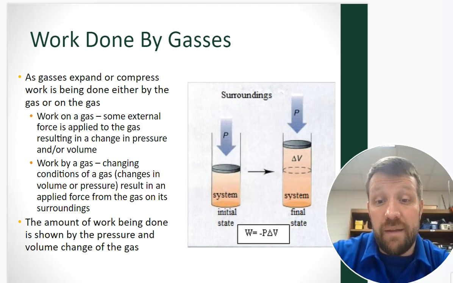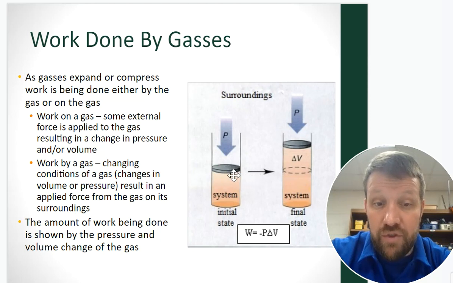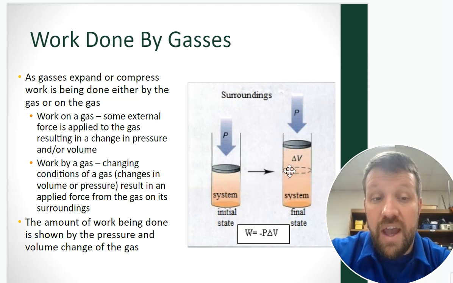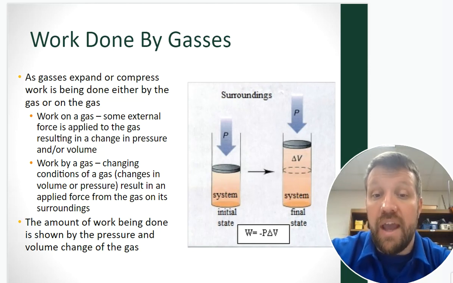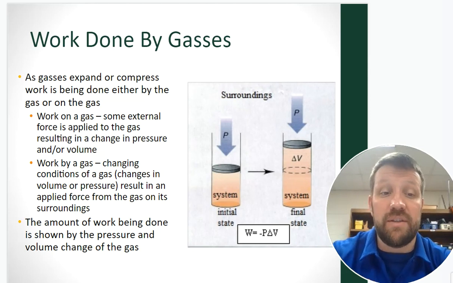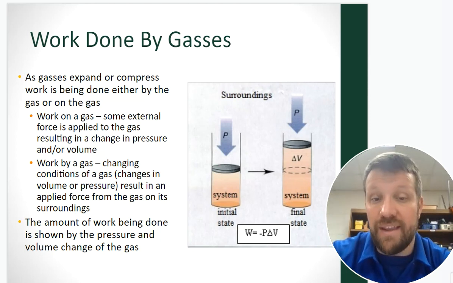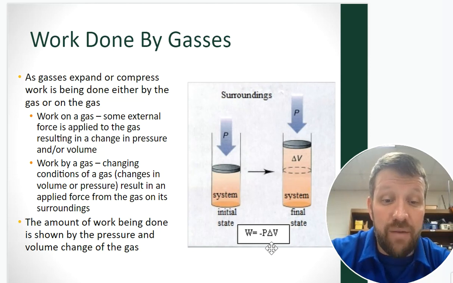When we stop applying that force and stop doing that work, then we're going to have an expansion where this surface is going to move back upwards, and now this gas is doing work by pushing the lid up and adding work or pushing work out of the system. If there were to be something on top of this or something like that, it would apply the force outwards to the surrounding area. The amount of work being done then is shown by the pressure and volume change of the gas, and we see that right here.